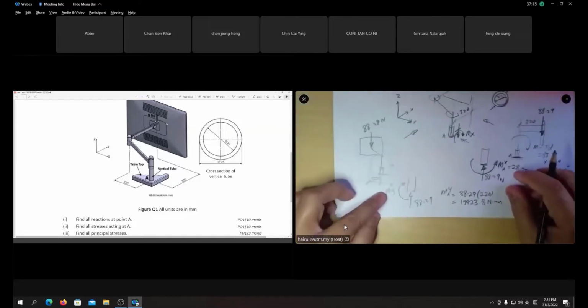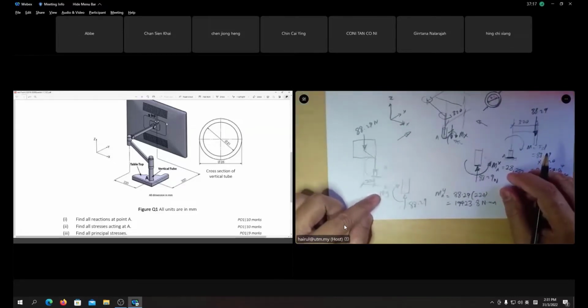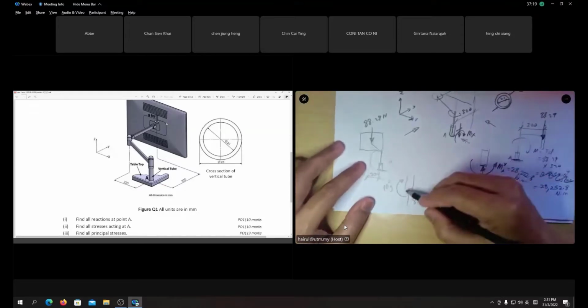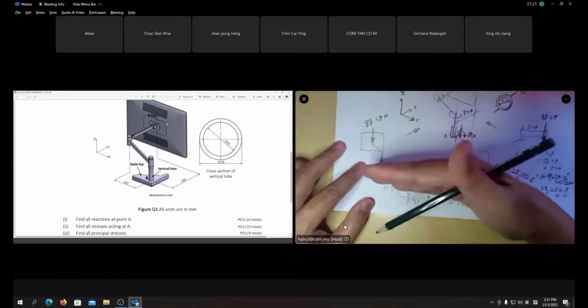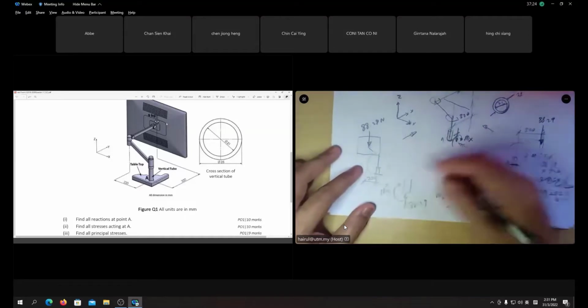So this is moment Y. We take the bottom portion of A. If you look at the upper portion of A, it follows the logic.